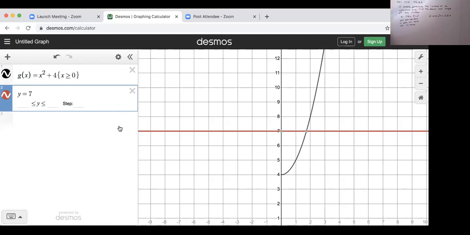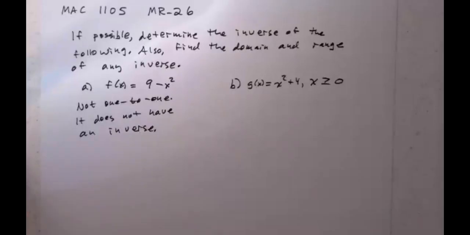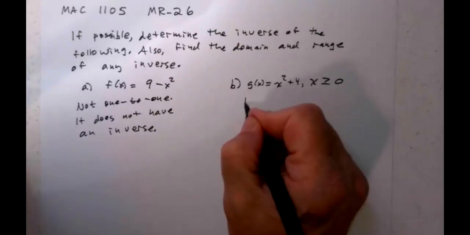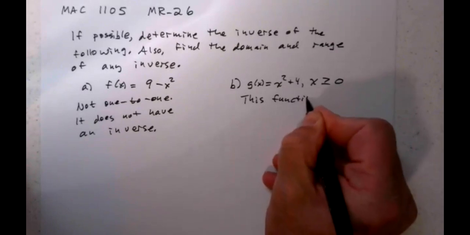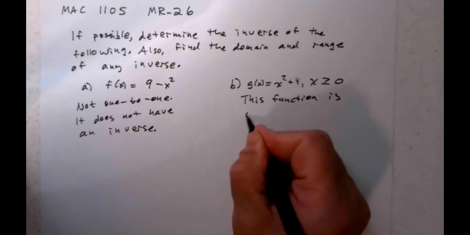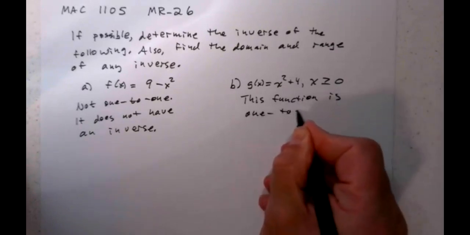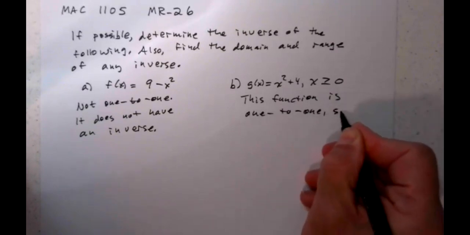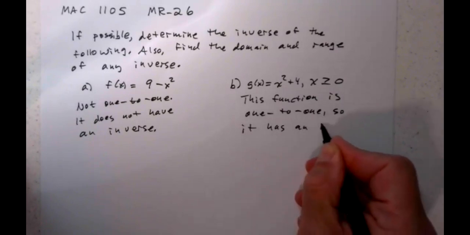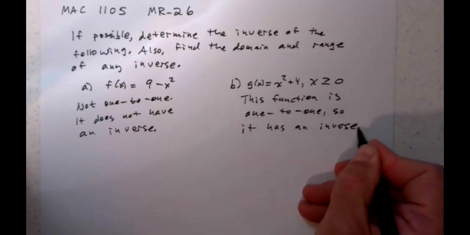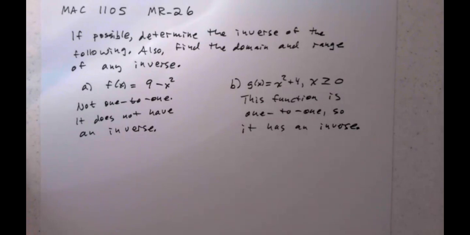No. So therefore, it is one-to-one. Any horizontal line you use only cuts the graph in one point. So we can say this function is one-to-one. So it has an inverse. But before we compute that, let's go back and look at the graph one more time.